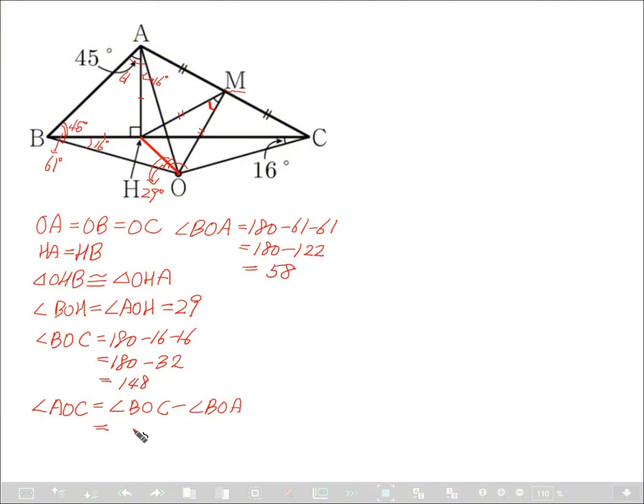BOC is 148 minus 58. Oh, this is a 90 degree right angle. Here 90 degrees. That means this angle is 45 and this angle is 45. Here also 45.